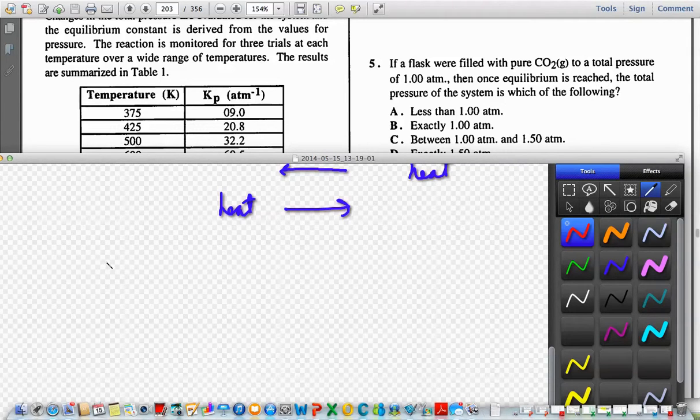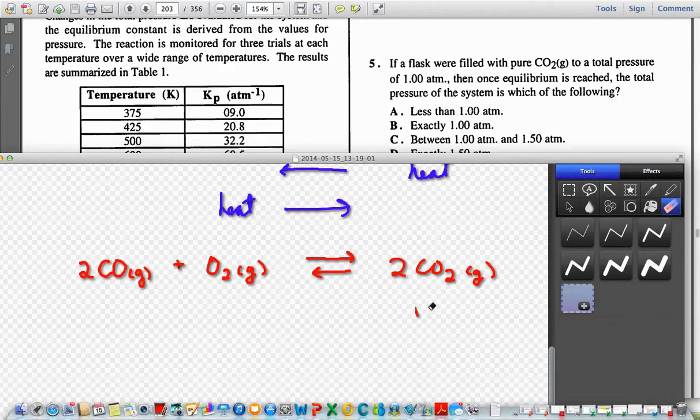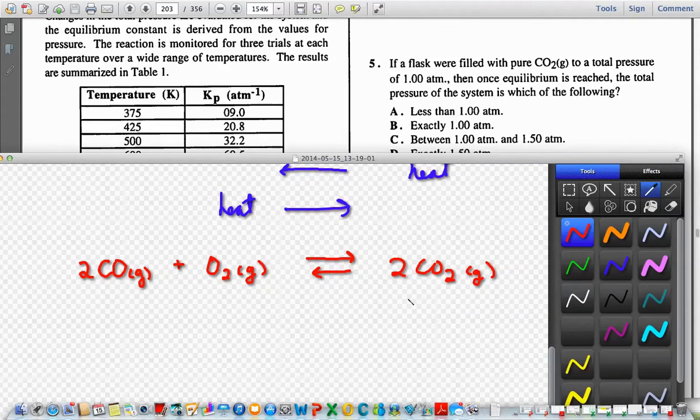We have 2CO plus O2 yields 2CO2. And I'm going to have 1 atmosphere of pressure. Now I know that we're going to have some dissociation here.